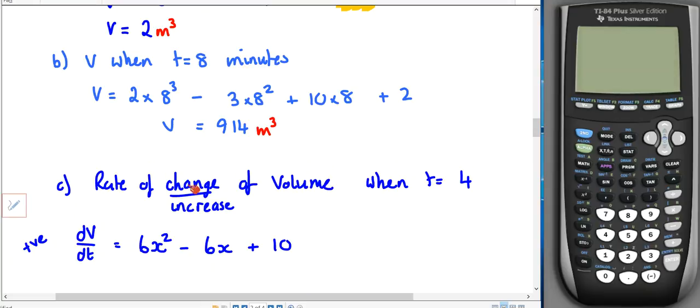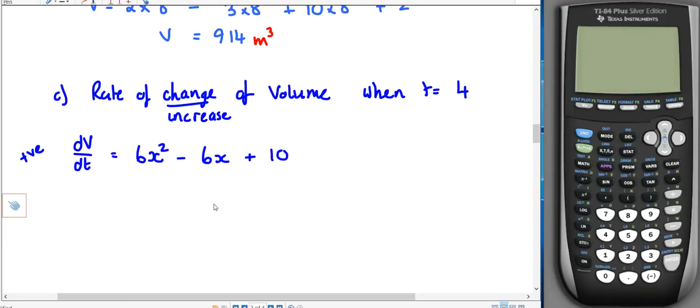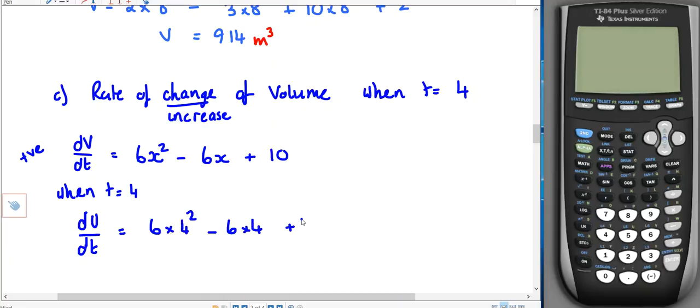And then what do we do? So we want when t equals 4, so dV dt is 6 times 4 squared minus 6 times 4 plus 10. Okay? So we end up with 82.